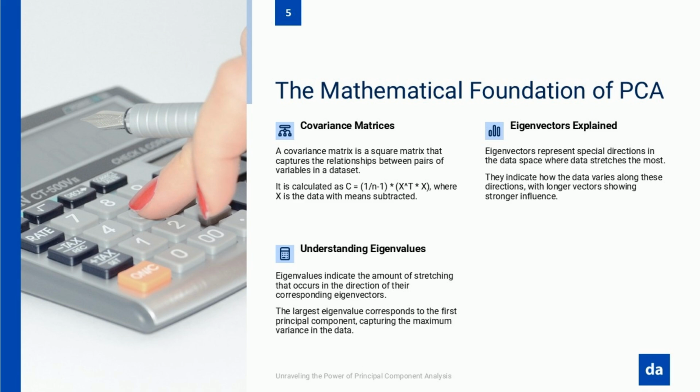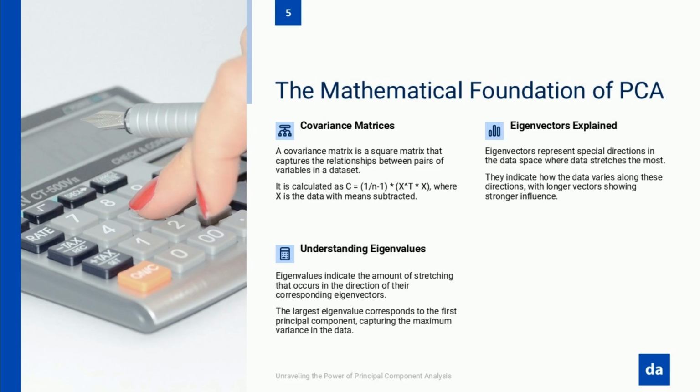Once we have this matrix, we need to find its eigenvectors and eigenvalues. These somewhat mysterious terms actually describe something remarkably intuitive. Think of eigenvectors as special directions in your data space. When you push data along these special directions, something interesting happens. The data only stretches without changing direction.